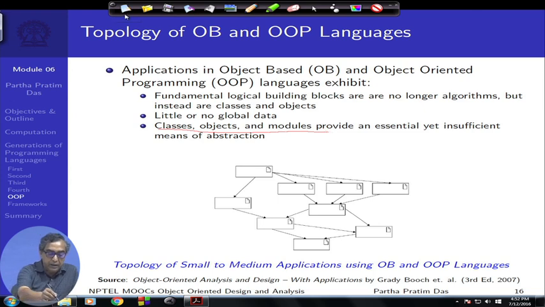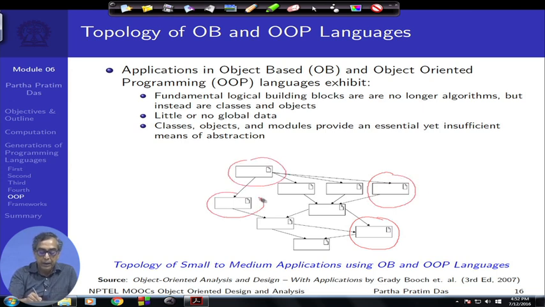So, you can see that the topological model has changed. Now you do not have the data separately, that has completely disappeared. Everything is now in terms of objects which have inside them the encapsulated data, and they exchange, as we have discussed earlier also, messages between them to decide what computation needs to be done.